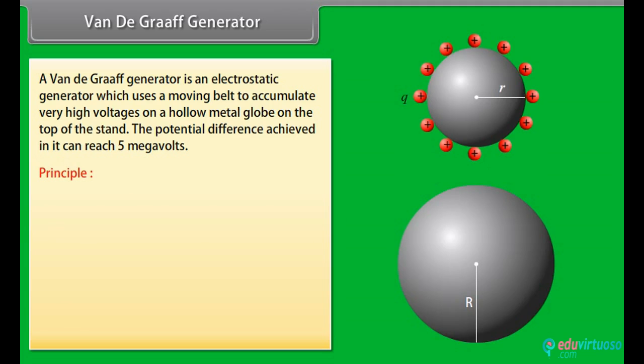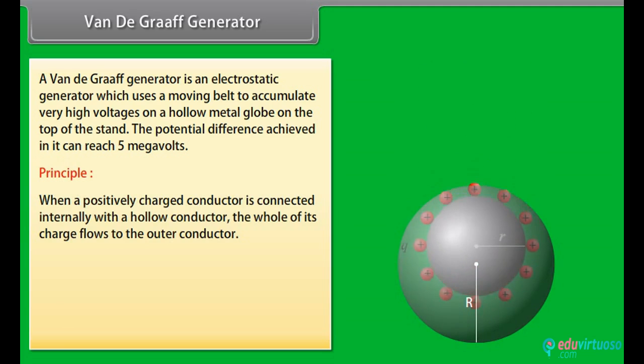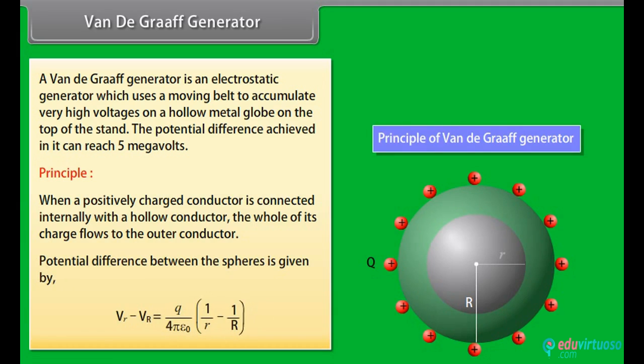Principle: when a positively charged conductor is connected internally with a hollow conductor, the whole of its charge flows to the outer conductor. Potential difference between the spheres is given by V(R2) minus V(R1) is equal to Q upon 4 pi epsilon naught multiplied by 1 by R1 minus 1 by R2.